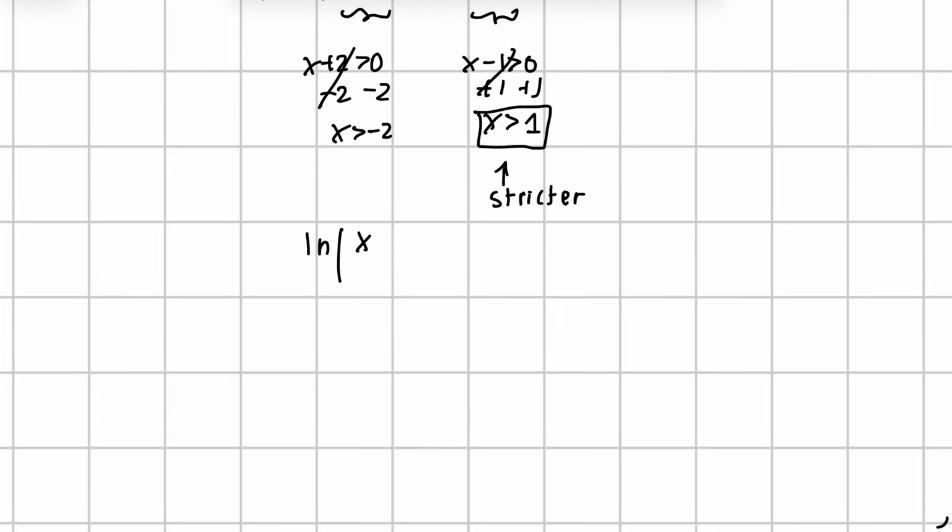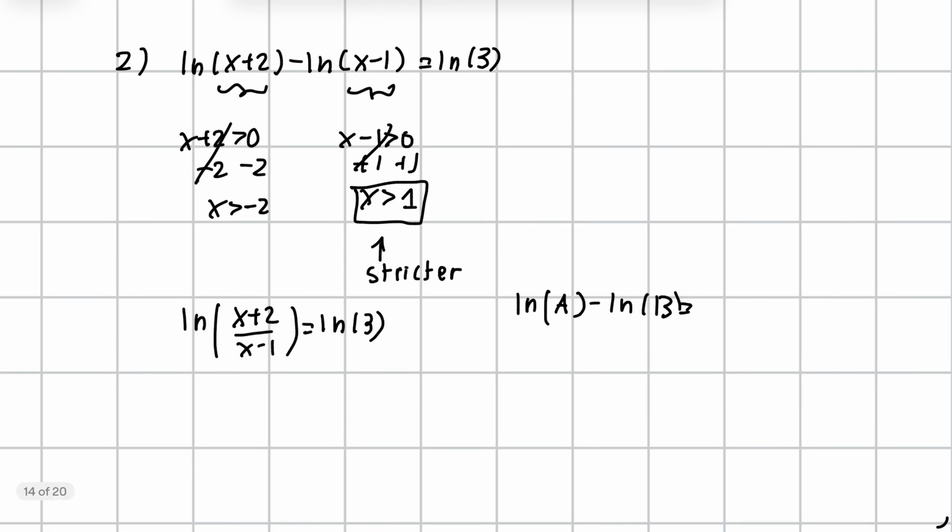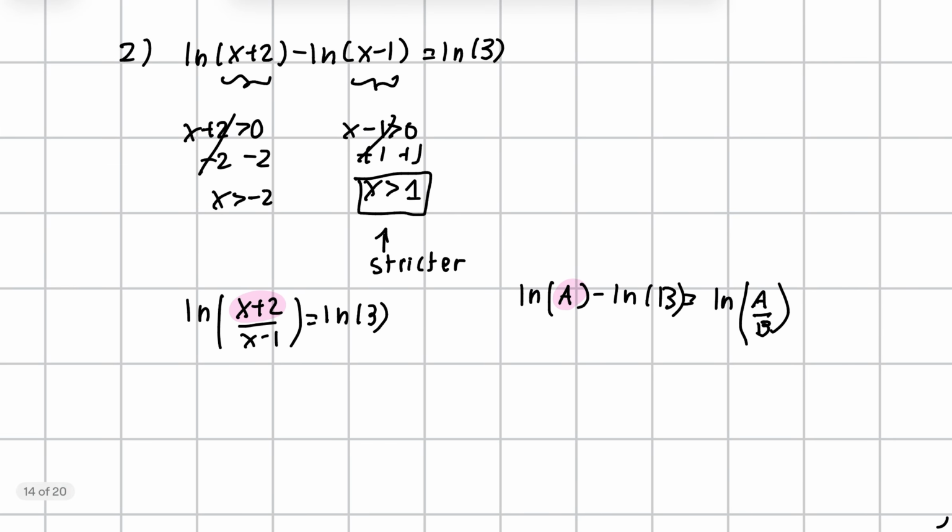So ln of x plus 2 over x minus 1 is equal to the natural log of 3. The quotient rule states that ln of a minus ln of b is going to be equal to ln of a over b. In this case, we can see that this is our a, and this is our b.